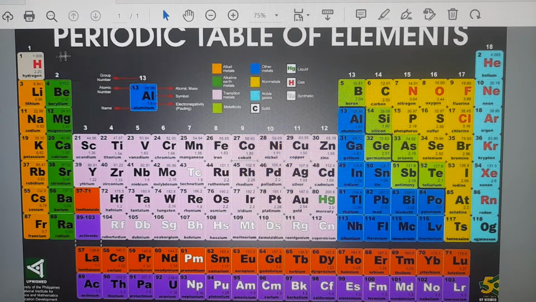Helium is number 2, so we have 2 protons in the nucleus. Lithium is number 3, so we have 3 protons in lithium.